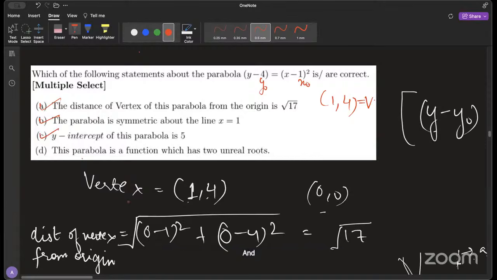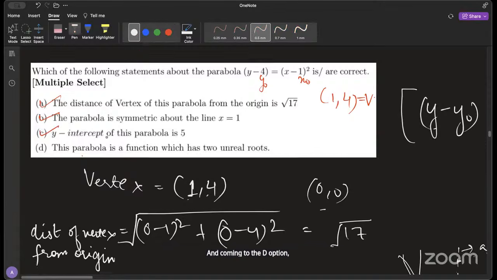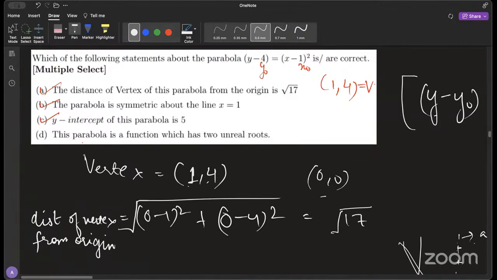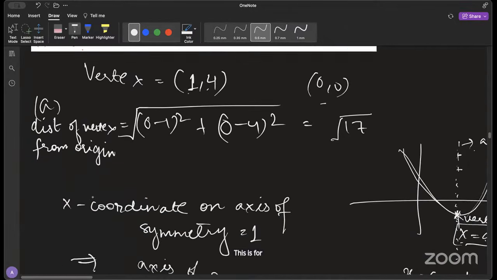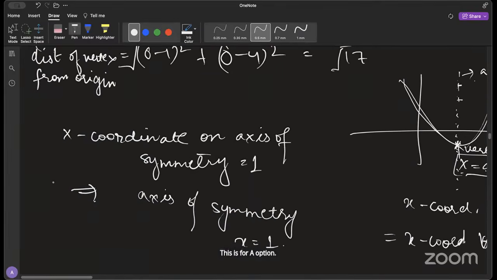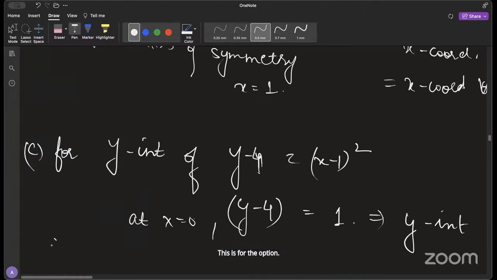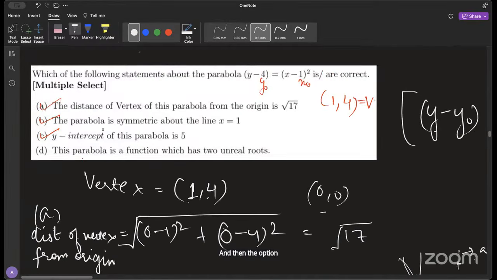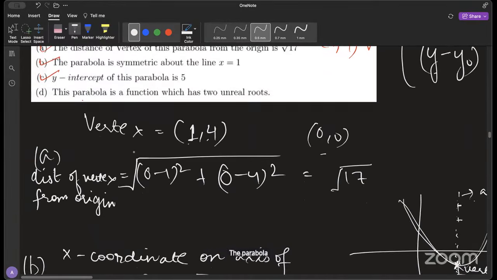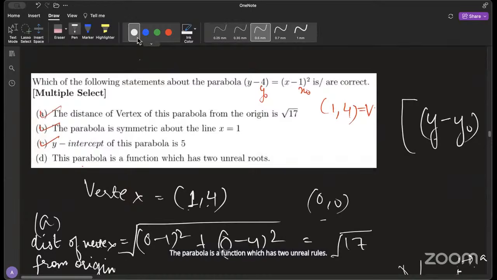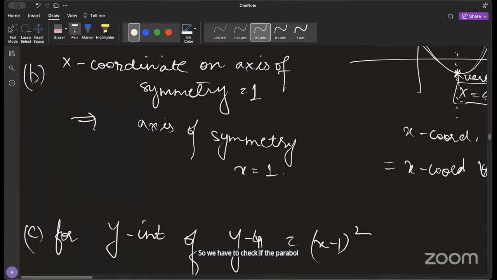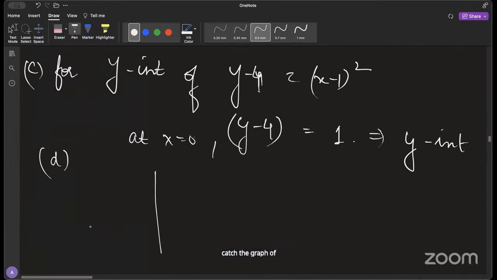And coming to the D option, this is for A option. This is for B option. This one's for C. And the D option is about the parabola being a function which has two unreal roots. So we have to check, let's just sketch the graph of this, right?